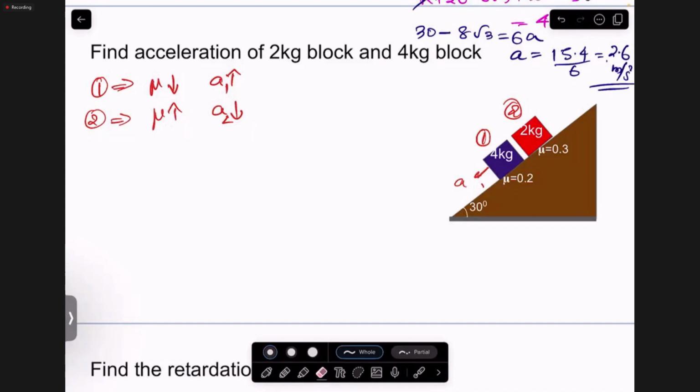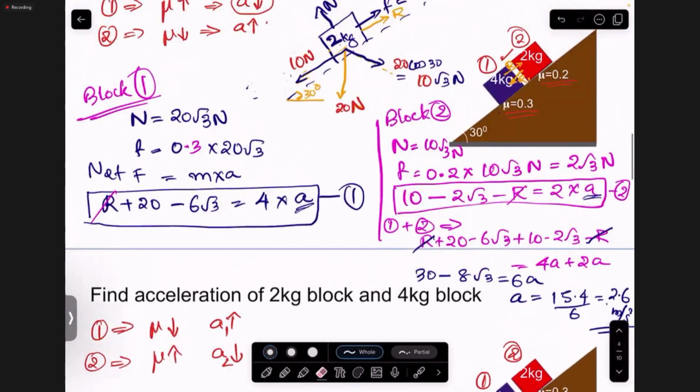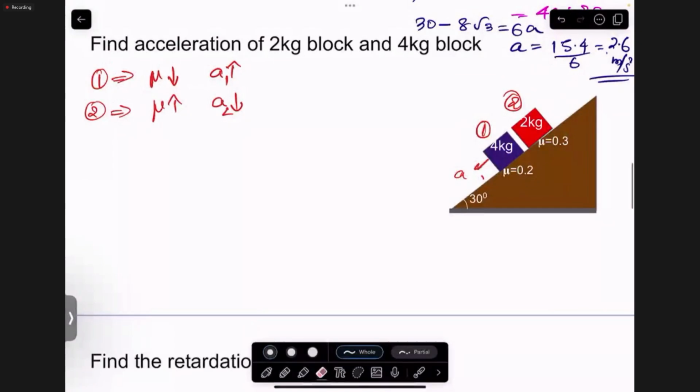So we have to calculate both the accelerations now. How are we going to do it? Here this reaction force is not coming. Why? There is no collision. So two values, two equations, we will be getting. The two values are A1 and A2, acceleration 1 and acceleration 2, and you will be getting two equations from two free body diagrams, and it's very easy to solve.